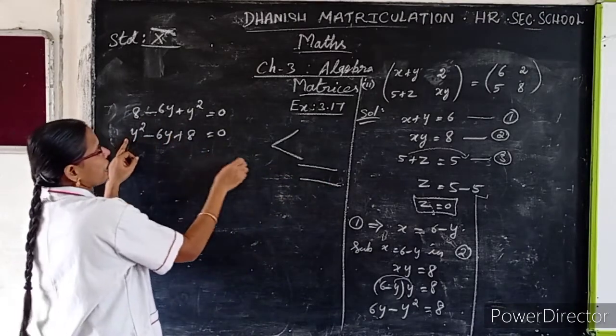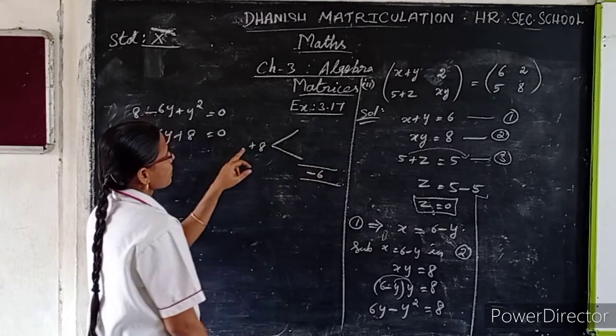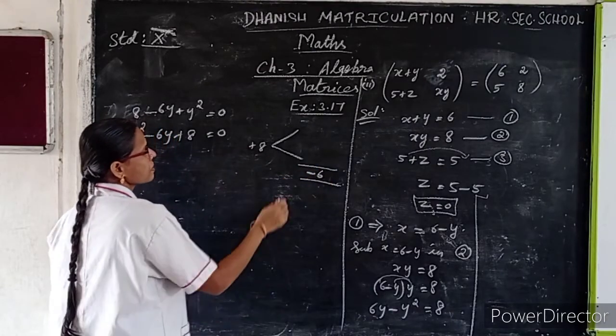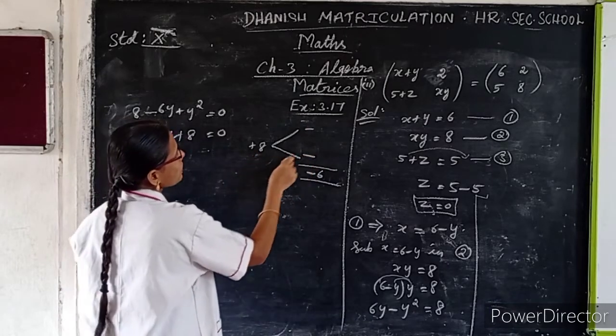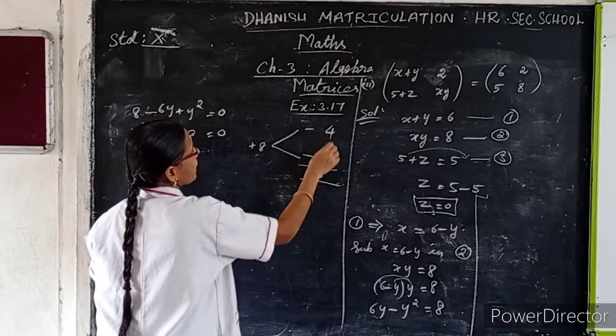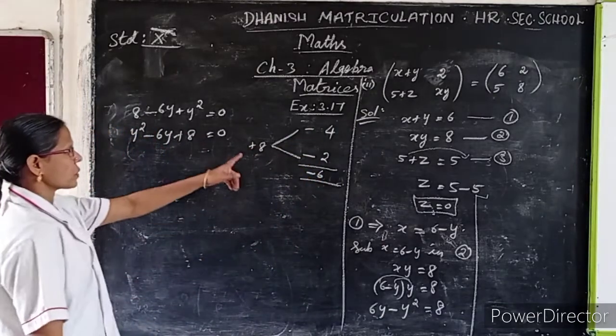Here 1 into 8 is 8. The coefficient of y is minus 6. So both the terms are minus. 2 4s are 8. So 4 plus 2 is 6, minus 6, minus into minus plus, 2 4s are 8.